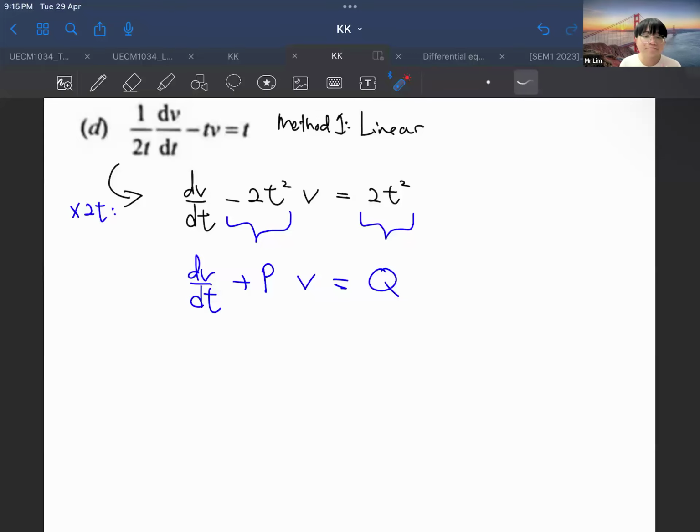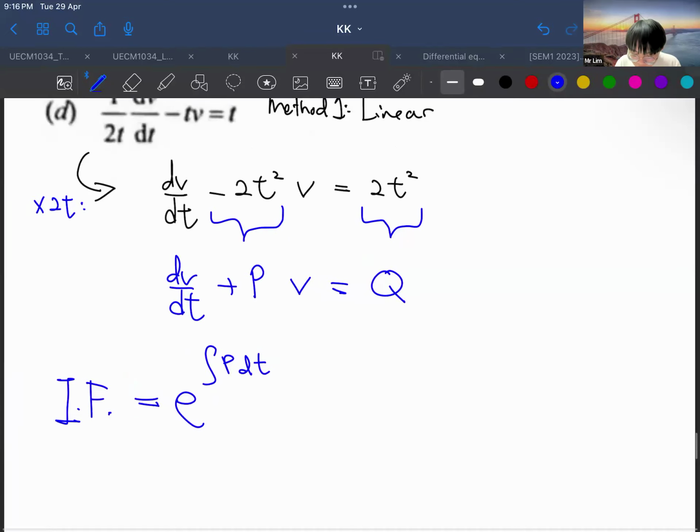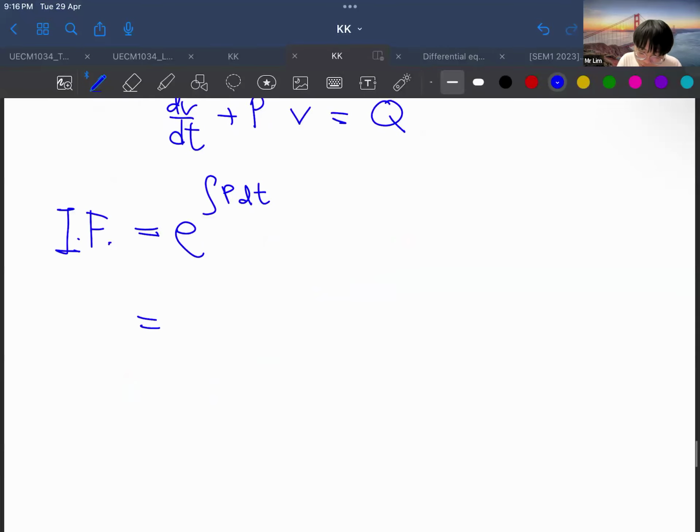Then we do like normal: IF, for integrating factor, is equal to the exponent of the integration of the P. In this case, not dx, it's dt. So you're going to integrate the P in the exponent. Let's see what you are going to get. My P is negative 2t squared.